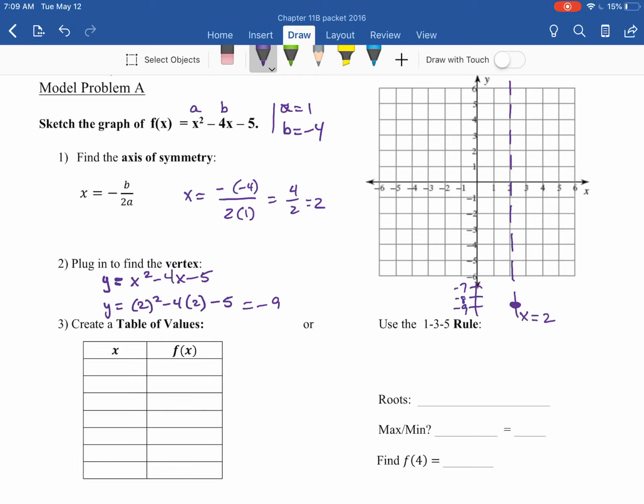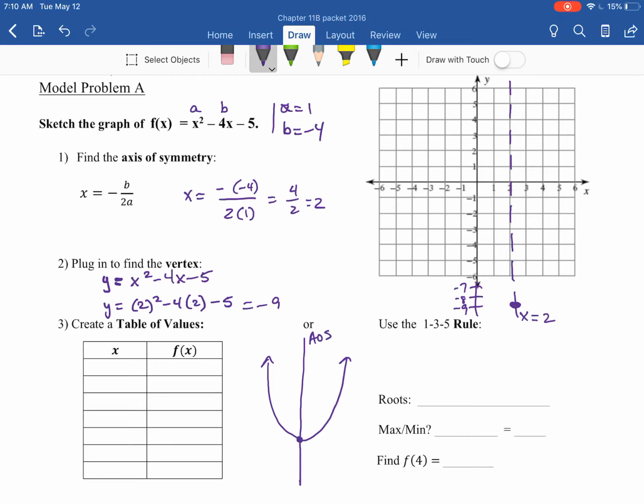Okay, now step 3, I need to create a table of values. Well, here's where the graphing calculator comes in. Okay, the thing about the parabola, if I could just sketch one over here, is that it's symmetrical about that axis of symmetry.